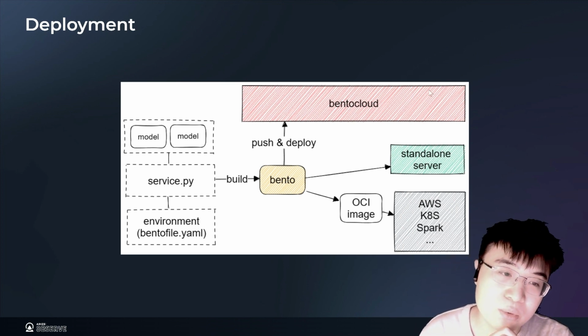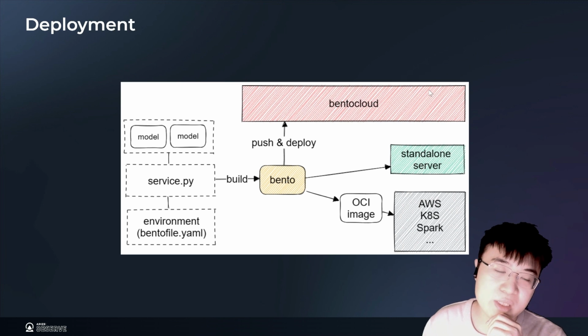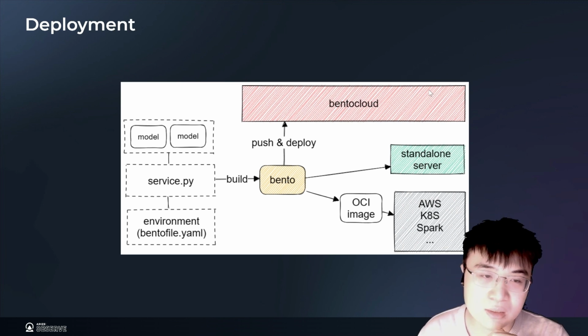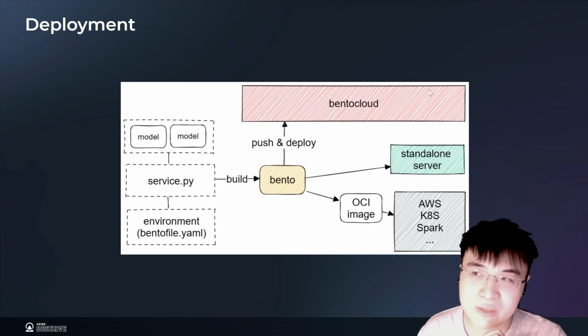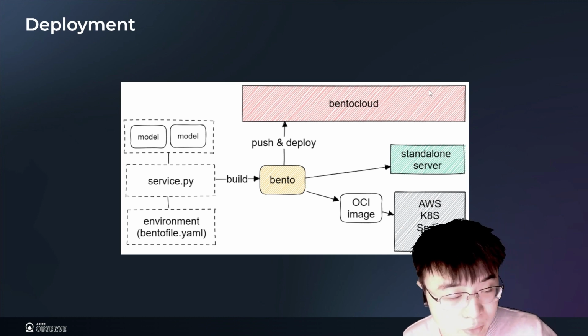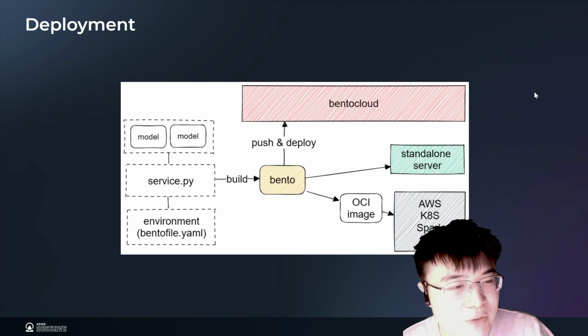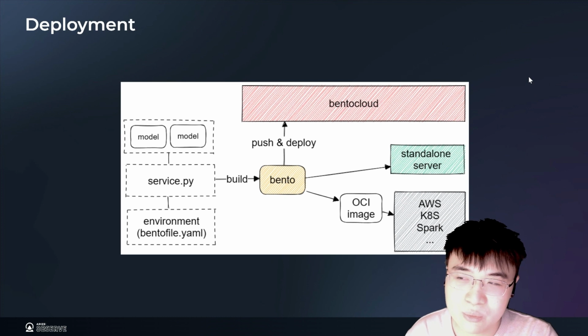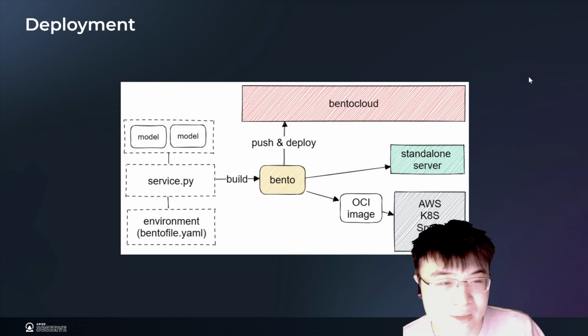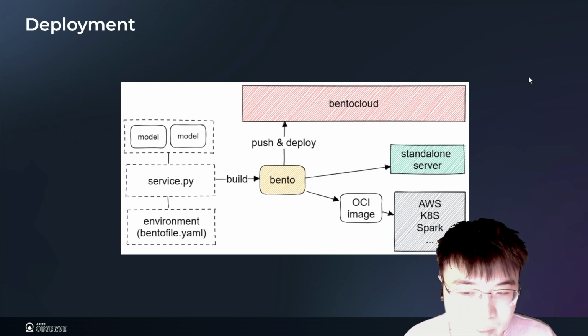And you can also build it as an OCI image, so you can deploy to any platform, like AWS or your own Kubernetes cluster. That's why we need another configuration file. You would not want to hard code the Arize keys in the source code, right?